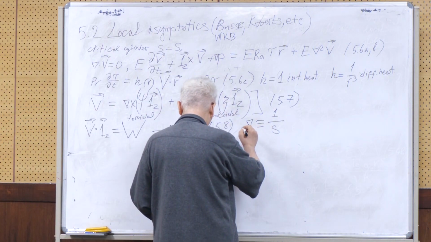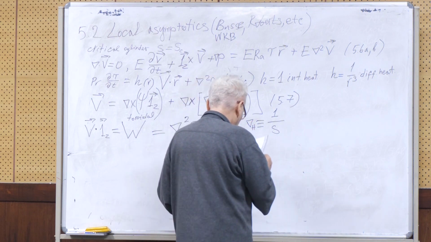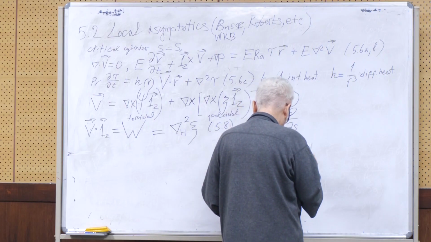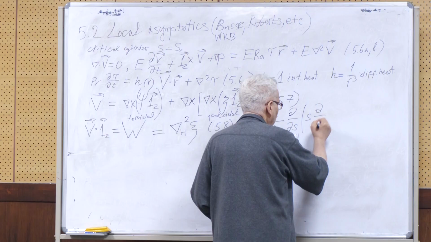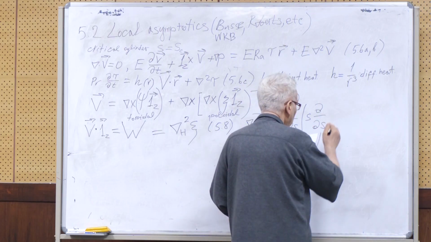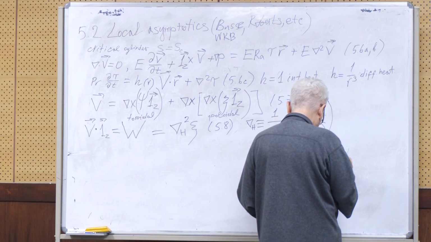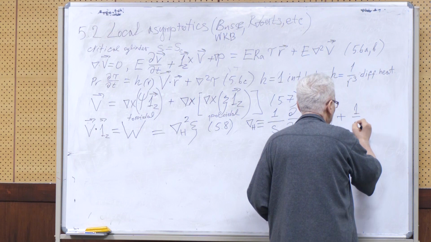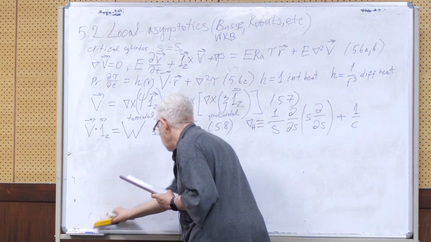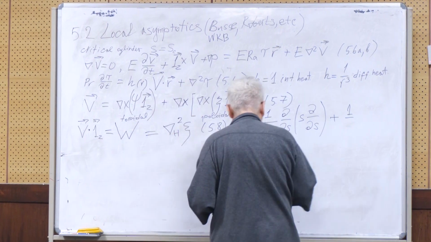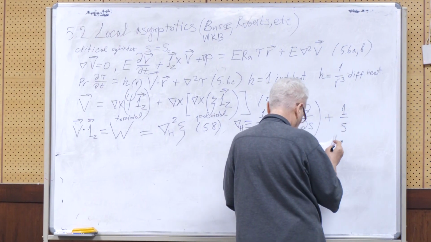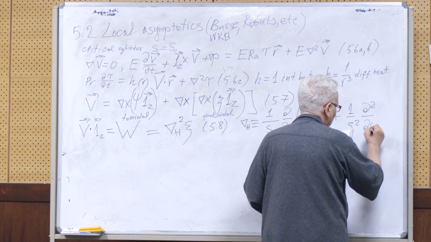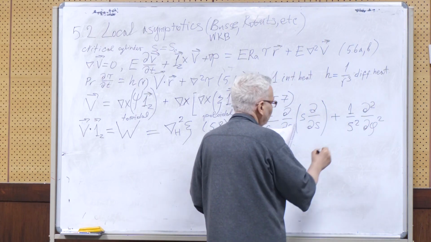And this operator, delta squared h, is 1 over s d by ds of s d by ds, and then there is the azimuthal contribution, 1 over s squared, d double on d phi squared, and this is 5,9.